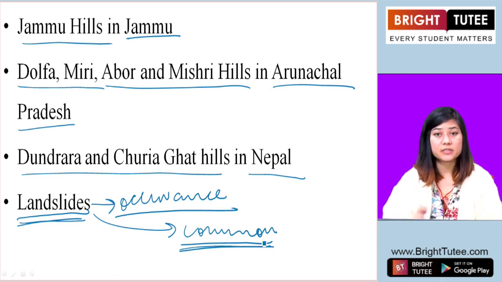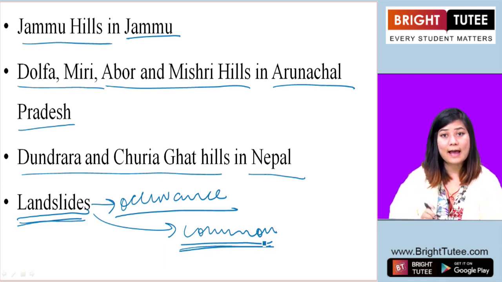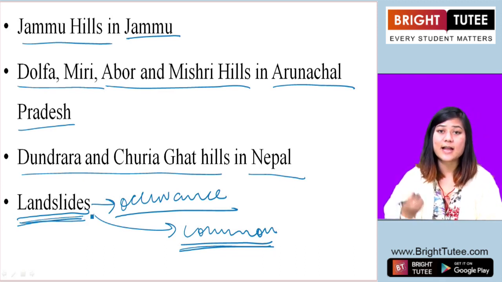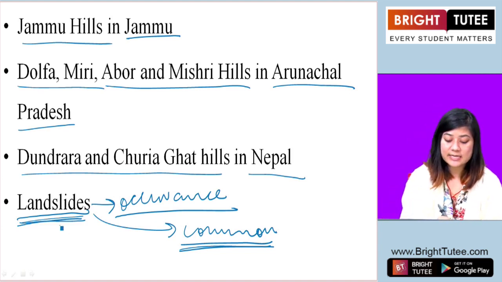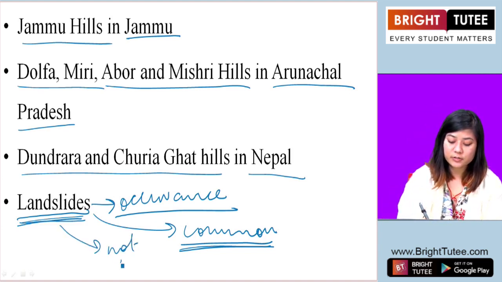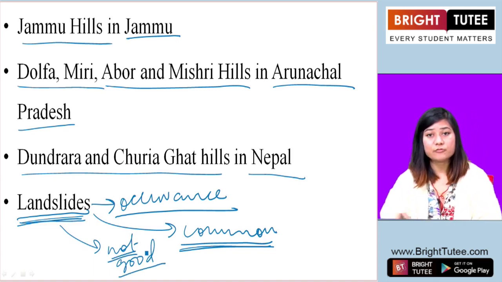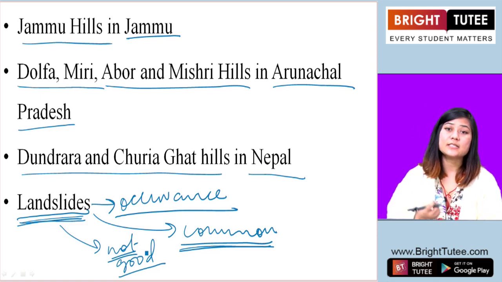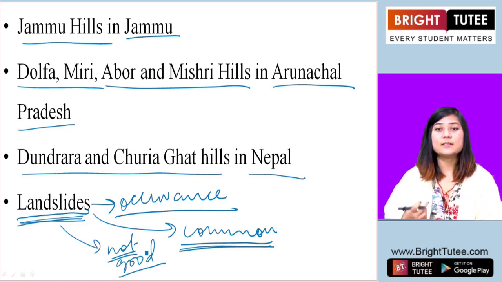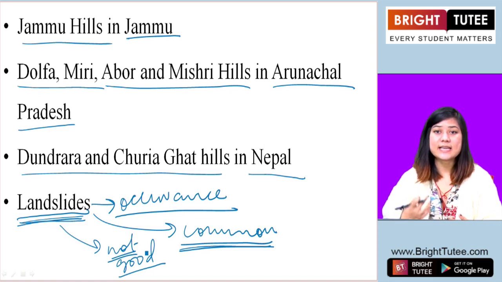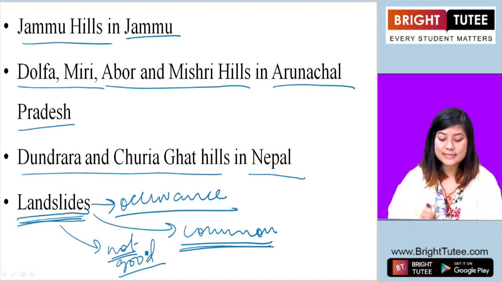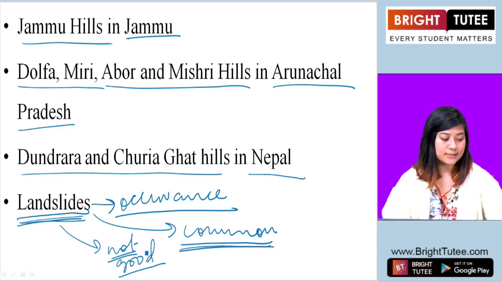These landslides are natural calamities, which means that it is not good for the people. It destroys lives, it destroys houses, property, lands, it blocks the road, so it hampers the daily life of the people as well as the animals. Alright, so landslides are very common in the Shivalik range of the Himalayas.